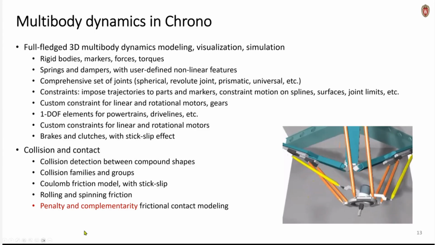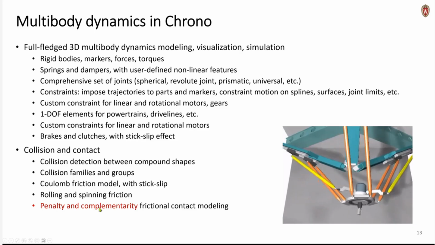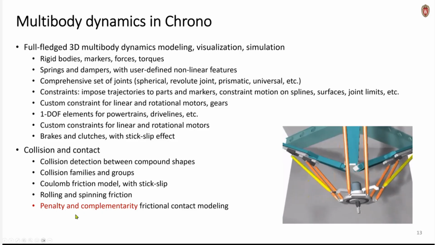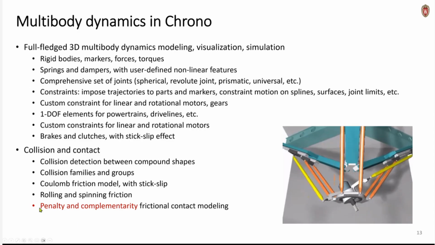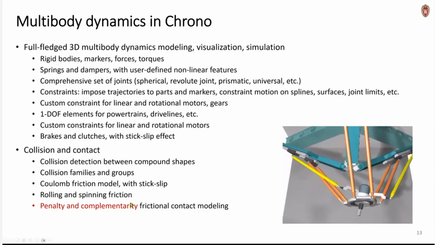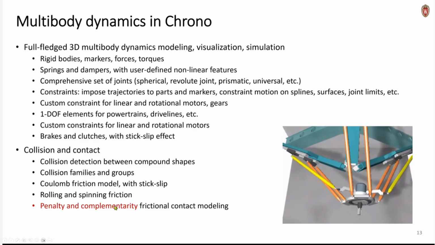In particular, for frictional contact, we implement two different formulations, which you'll not find in most commercial codes. They usually do only penalty, but we do both penalty and complementarity, and I'll show you a little bit later, hopefully we get there, what these are about.